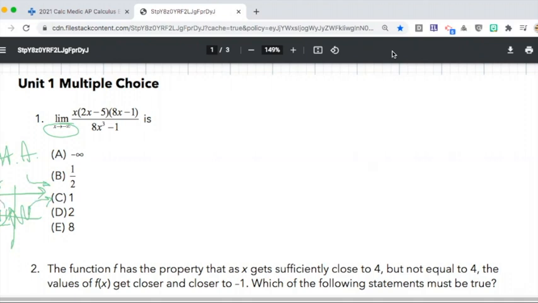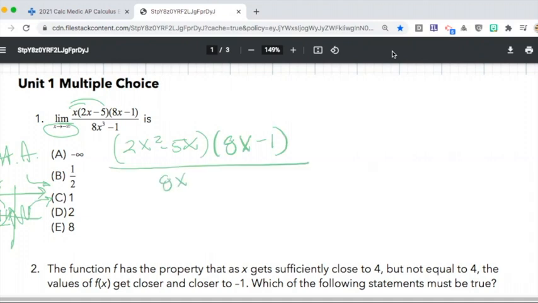So let's take this and multiply it out. We're going to be left with 2x squared minus 5x, and then multiply that with 8x minus 1, all over 8x cubed minus 1. So now let's multiply this out.